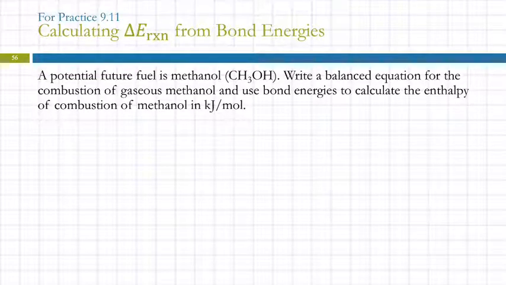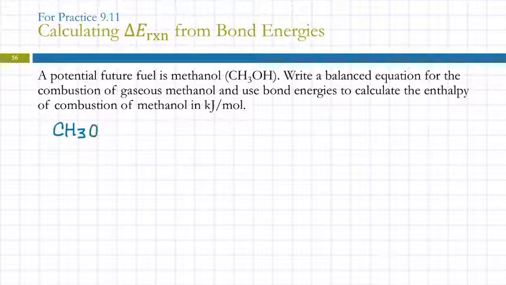Okay, a potential future fuel is methanol, CH3OH. Write a balanced equation for the combustion of gaseous methanol and use bond energies to calculate the enthalpy of combustion of methanol in kilojoules per mole. So the first thing is write a balanced chemical equation for this burning. Well, what is the other reactant when something burns?